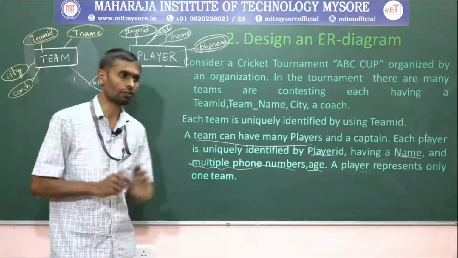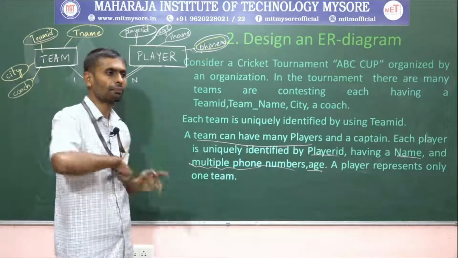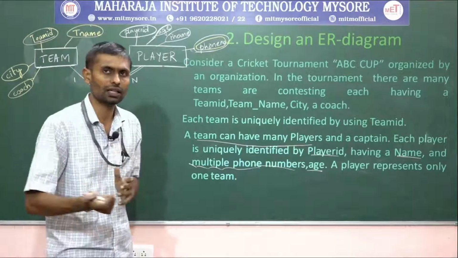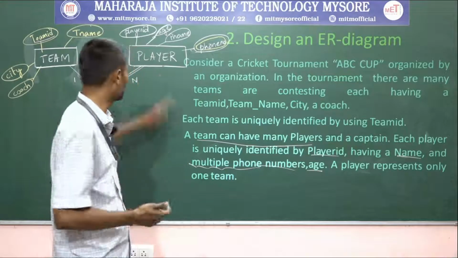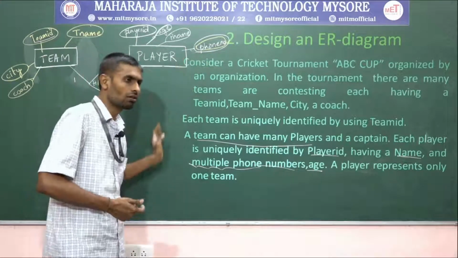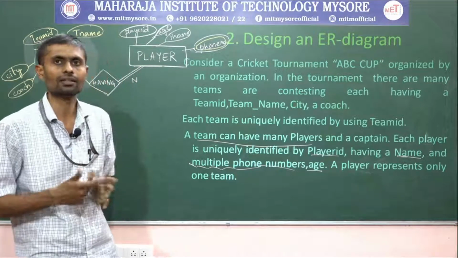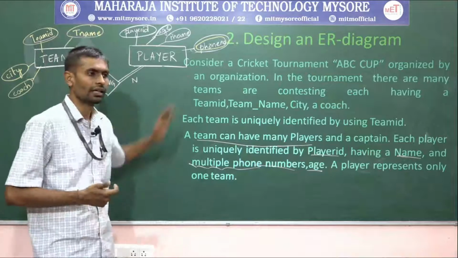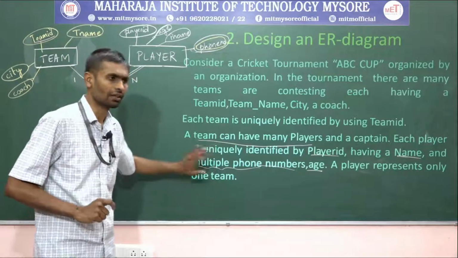A few of my friends might think that, sir, a captain is part of a player and the captain manages a team, manages other players. So for that we have to write one recursive relationship type here, where a player manages a player, where on one side the role played by the player instance is captain, and on the other side it is non-captain. We can write that, but they have not given it here.